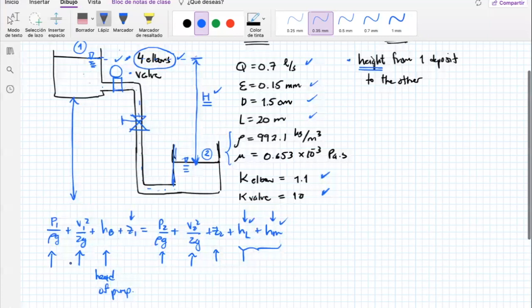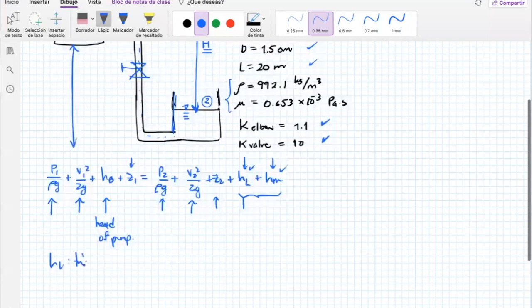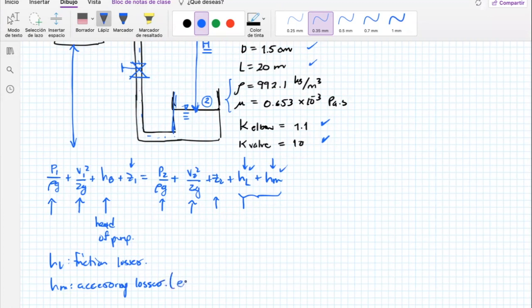So HL has to do with friction losses due to the material of the pipe. And HM are accessory losses, or secondary losses, that have to do with things like elbows, which obstruct the water. The valve also obstructs the water.